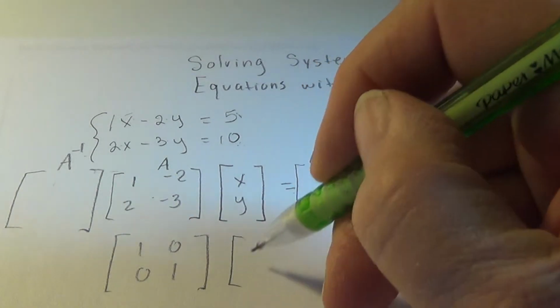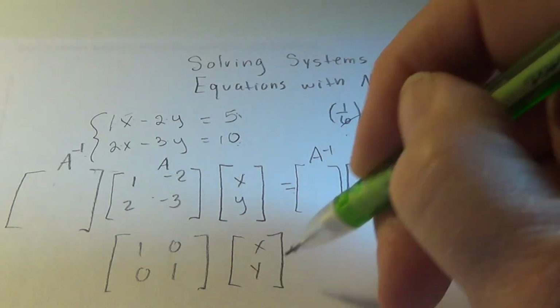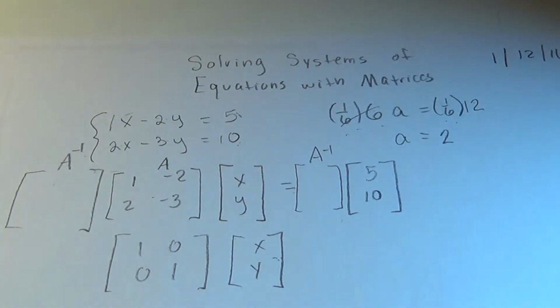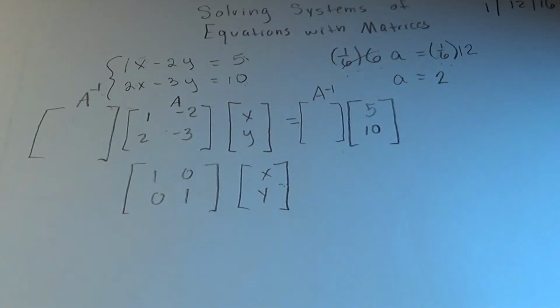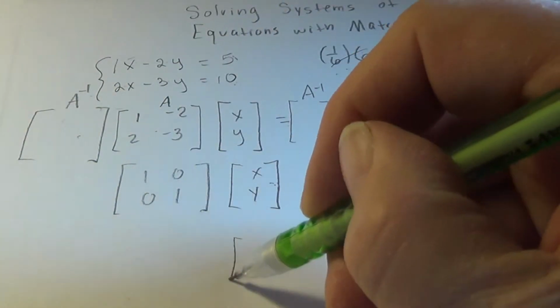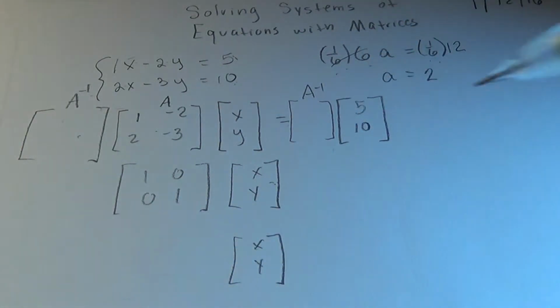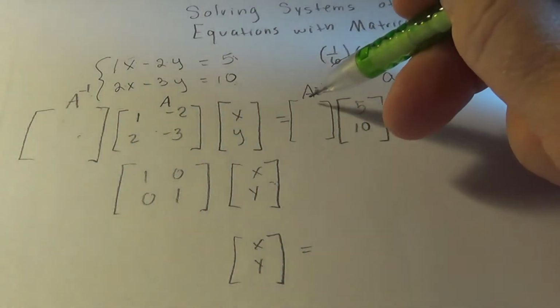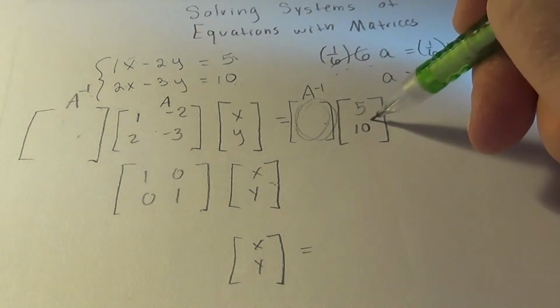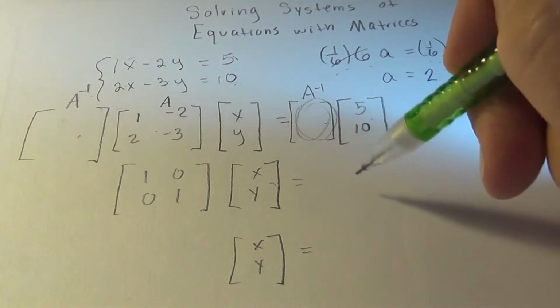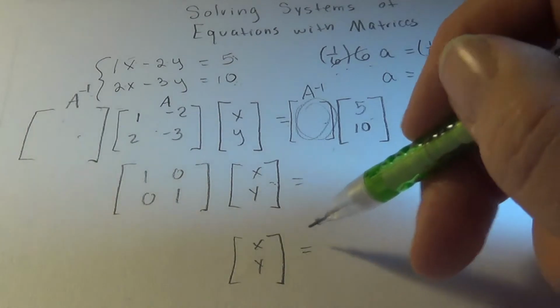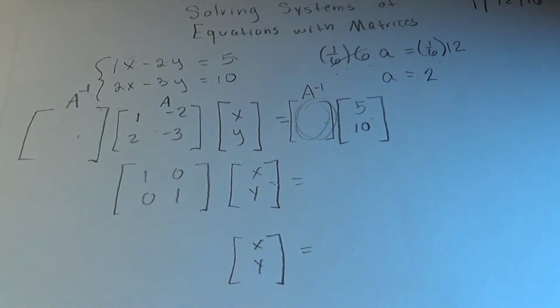And when you multiply that times anything, you get the identical thing that you started with. So this side will simplify to just x and y. Over here, we're going to multiply this matrix times this one, and that will be our answer. So that's a skeleton sketch of where we're going.